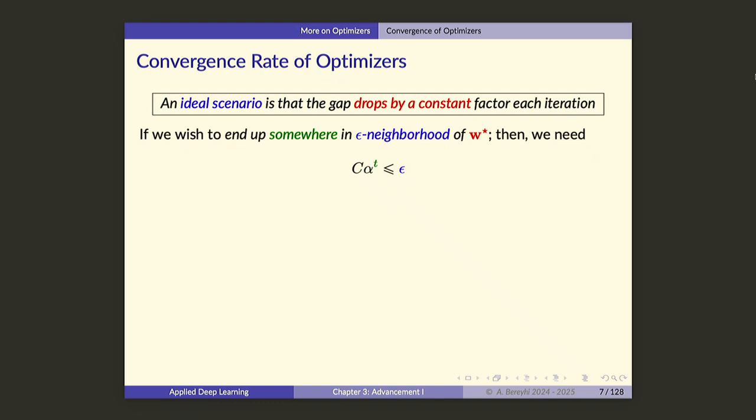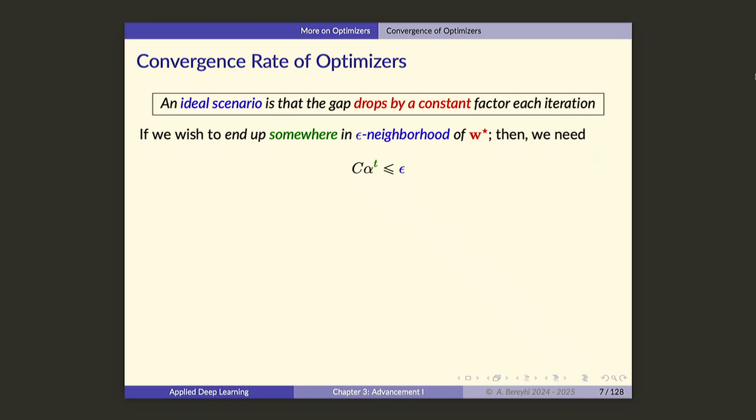Now, this log of alpha absolute value is some number. I don't care about that. This log of c, again, one constant. The only thing that matters here is epsilon, because epsilon is the thing that I was fixing, right? I told you I want this epsilon, I want to get this close. Now you would tell me that, well, you need log 1 over epsilon amount of time, probably multiplied with something to get there, right? Everybody's clear?